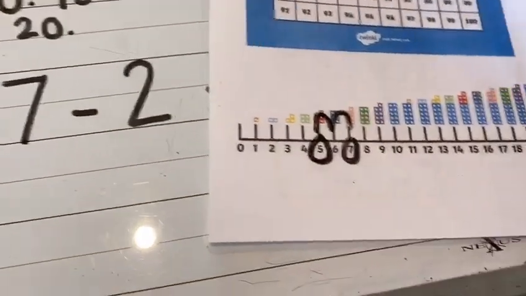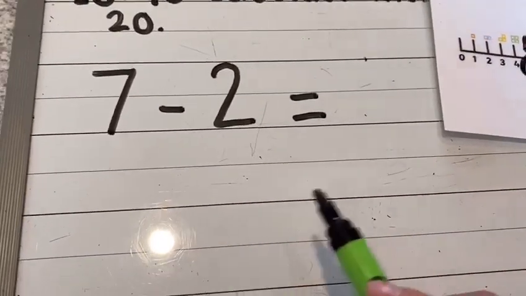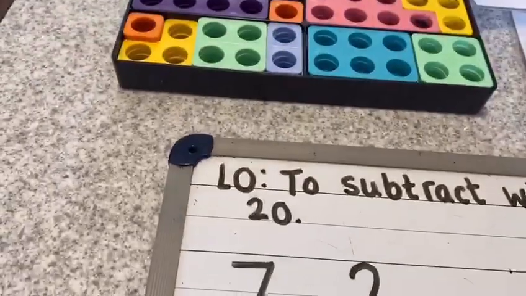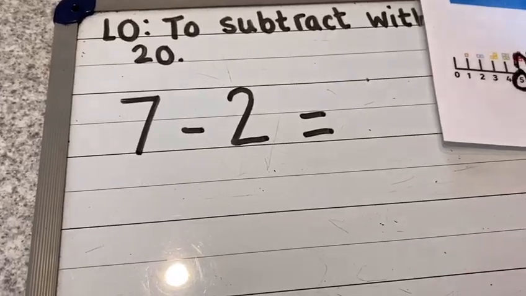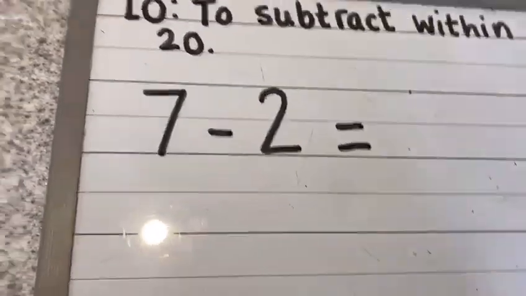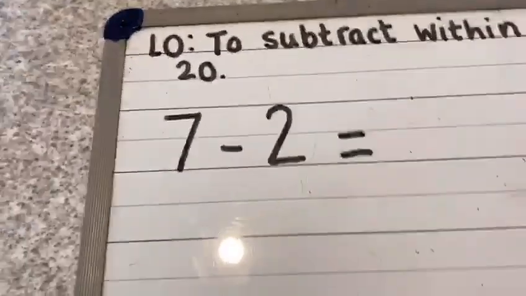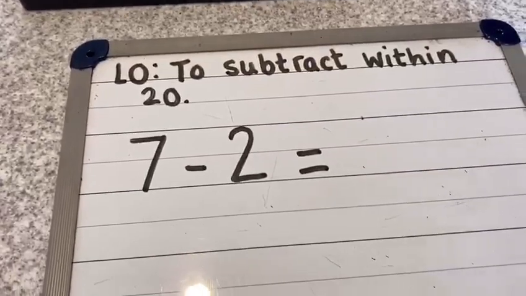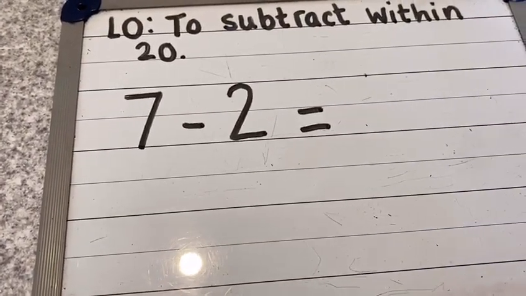So we've used a number line, we've used our crossing out method where we draw things and cross them out, and we've used our Numicon. What else we can also use is just our heads. Now I know we might run out of fingers, so this method's only good if it's little numbers, but it can work. So when we add, we count on in our heads, don't we?